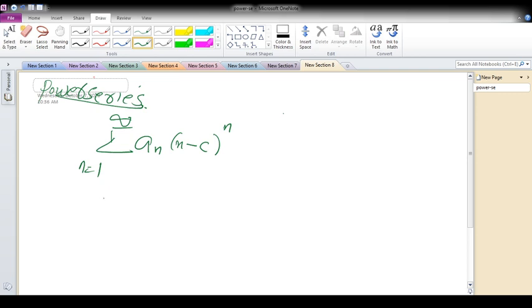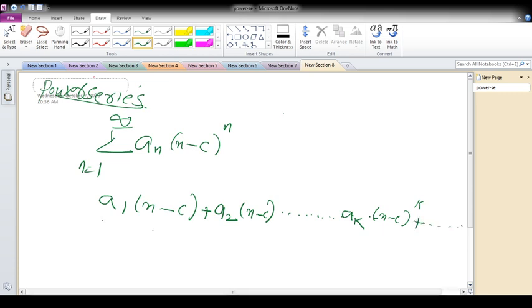That is a1 (x minus c), next term is a2 (x minus c) squared, etc. Continuing in this way, at some stage we get ak (x minus c) power k, but it is not ending. It also continues this way. This is the form of power series.